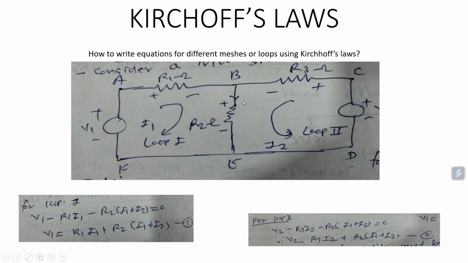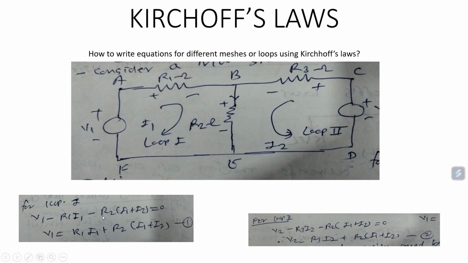Similarly, in R2, this branch is common for mesh 1 and mesh 2. In this, the current I1 will flow in the downward direction, and current I2 will also flow in the downward direction. That's why the voltage drop will be R2 in bracket I1 plus I2. But since this mesh current is flowing in the downward direction, that is from positive to negative, it is a potential drop.